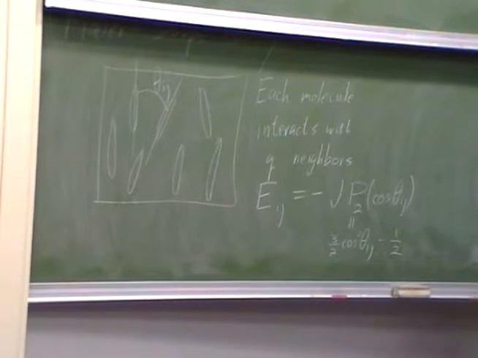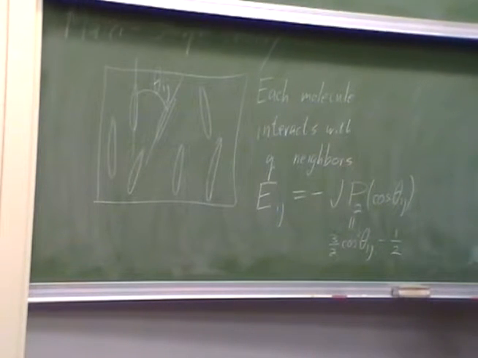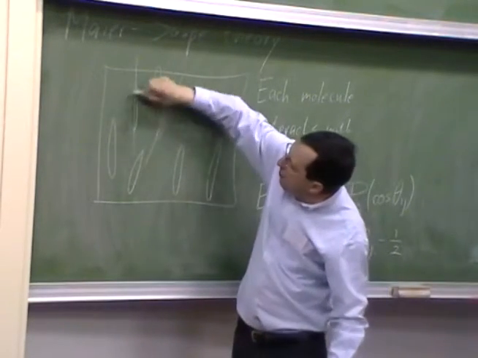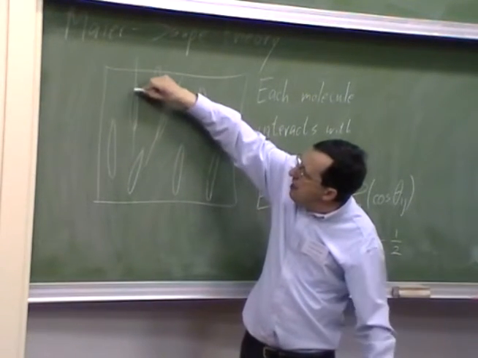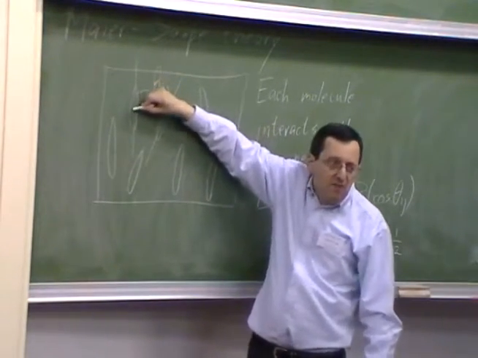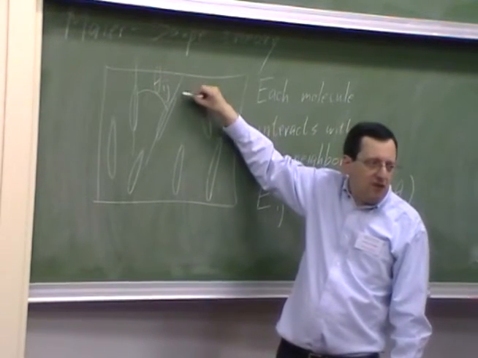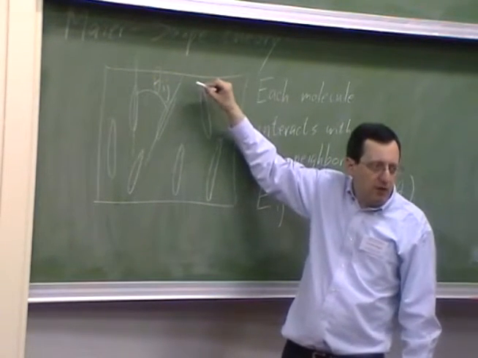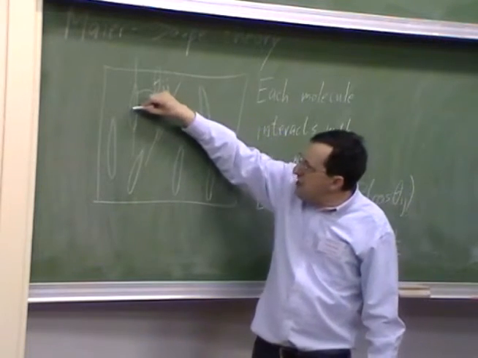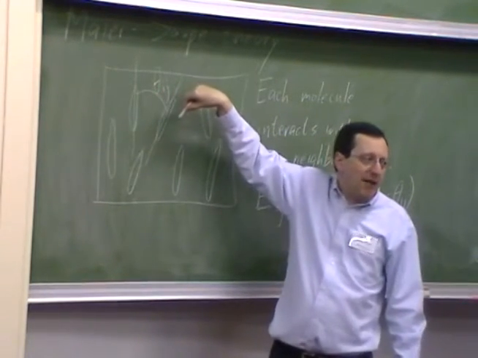There is actually a nice way to derive this interaction by looking at quantum mechanical fluctuations of electrons on the molecules. If electrons are fluctuating up and down this molecule, it makes a polarization, and that induces a polarization on the neighboring molecule, and these polarizations interact with each other.